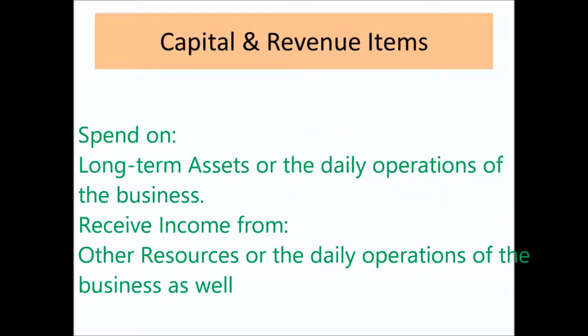A business entity can spend money on long-term assets such as property, plant, and equipment, a delivery truck, or the land and building. They can also spend money on their day-to-day operations like salaries and wages of employees.